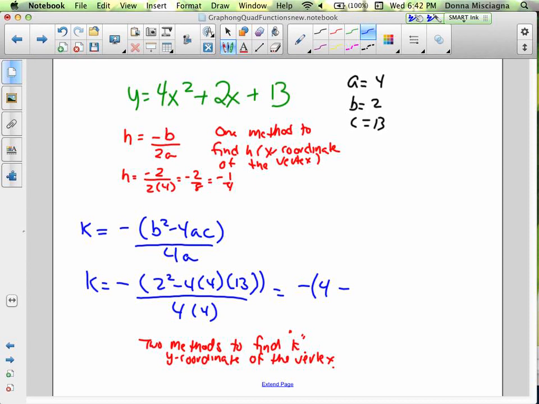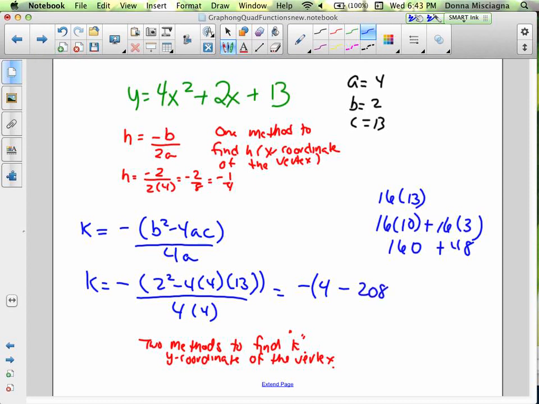So 16 times 13 would be the same as 16 times 10 plus 16 times 3. I'm too lazy to get the calculator, and this isn't too difficult, so it would be 160 plus 48. So it's 208. You can check my math for me, and if I made a mistake, let me know.